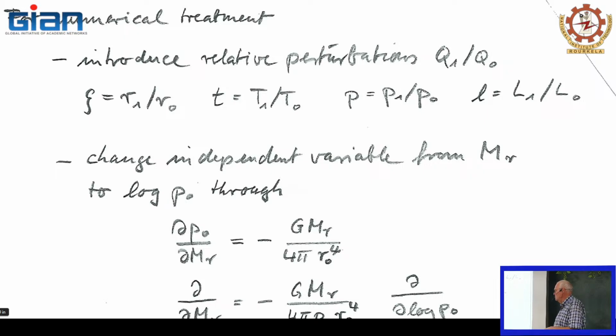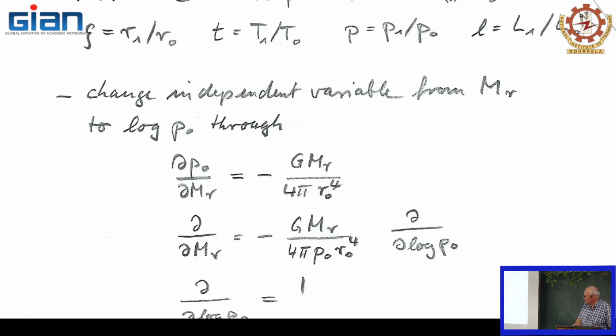The transformation is found through the hydrostatic equilibrium of the background model. That means dP0 by dm_r is given by minus G m over 4 pi times the radius to the 4th power. By comparing the differentials, d by dm_r is transformed into this factor times d by d log P0.